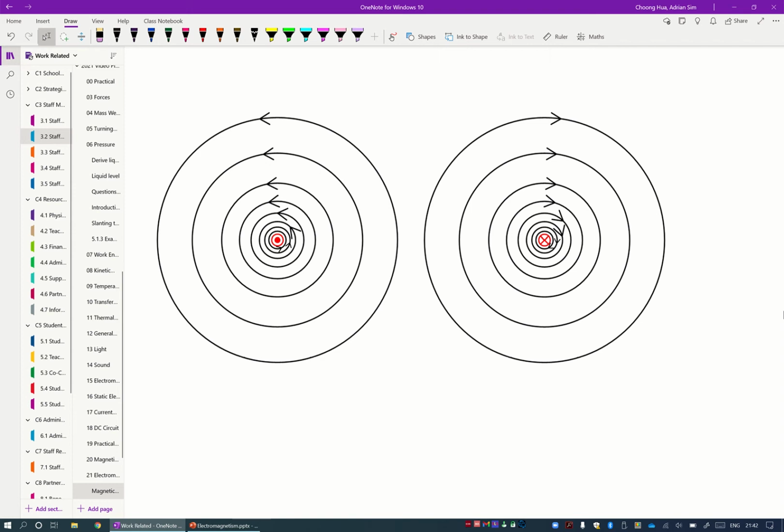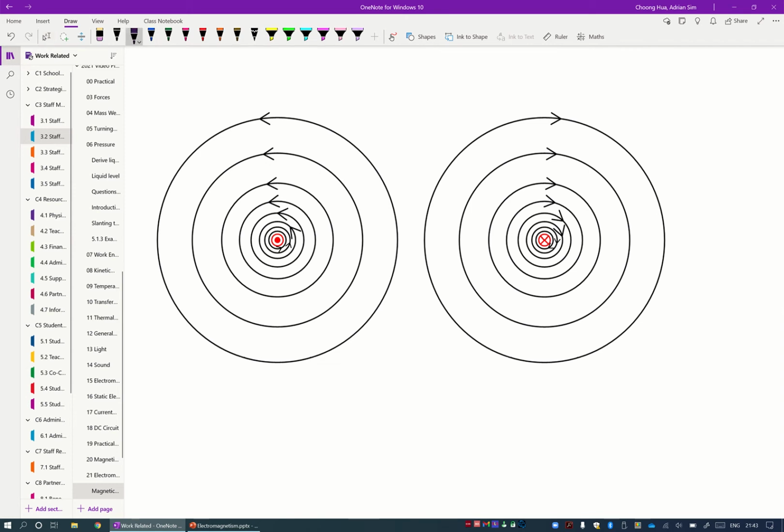We first look at the direction of magnetic field lines. When we look at the direction of magnetic field lines, we are then able to deduce whether they will attract or repel. Now, first of all, let's look in between the two wires, and from there, we can deduce whether the magnetic strength becomes stronger or weaker.